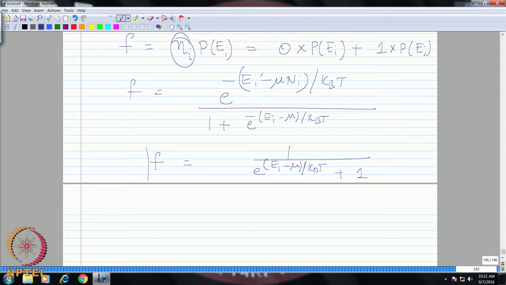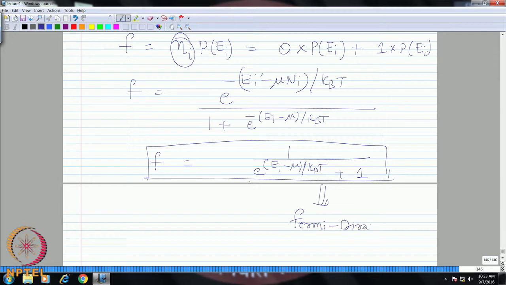So, this resulting distribution function is called the Fermi-Dirac distribution function.